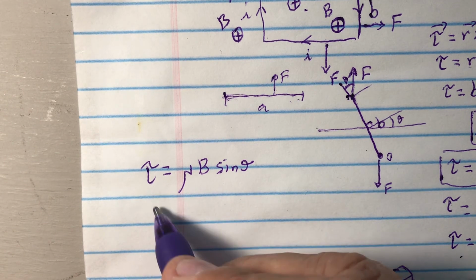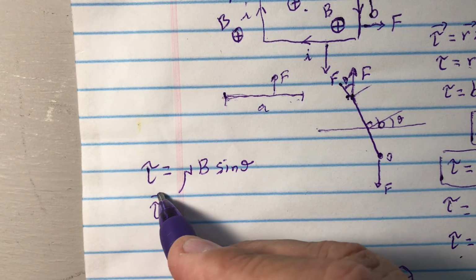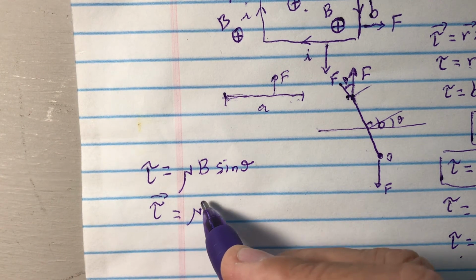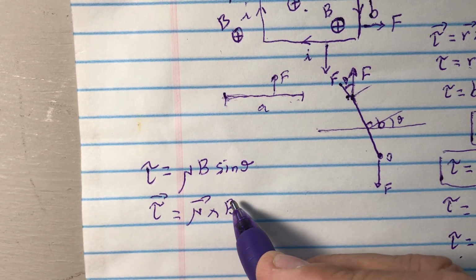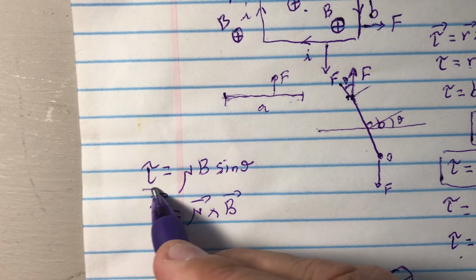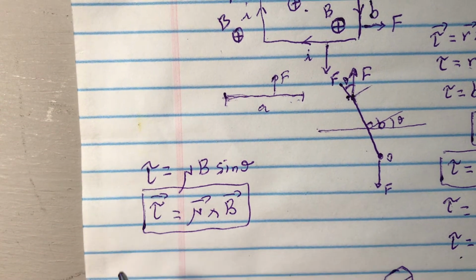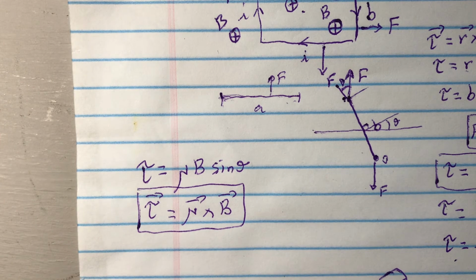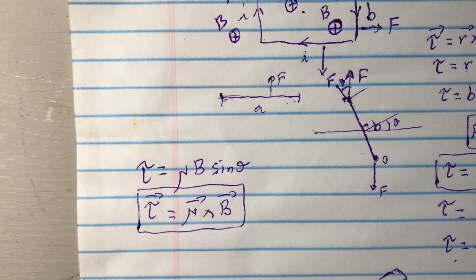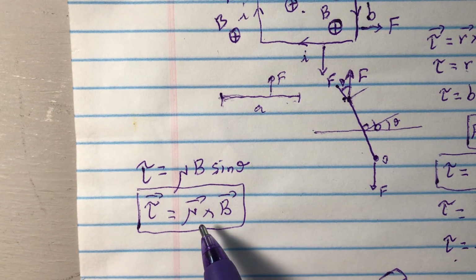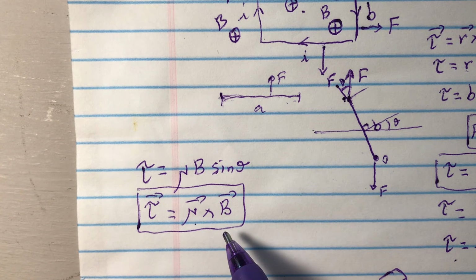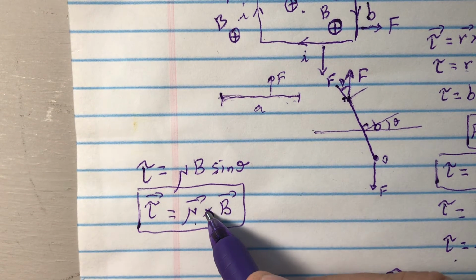Now the torque can be a vector, so I change to a vector, and I put here mu cross B. So the torque is equal to the magnetic moment cross the B field.